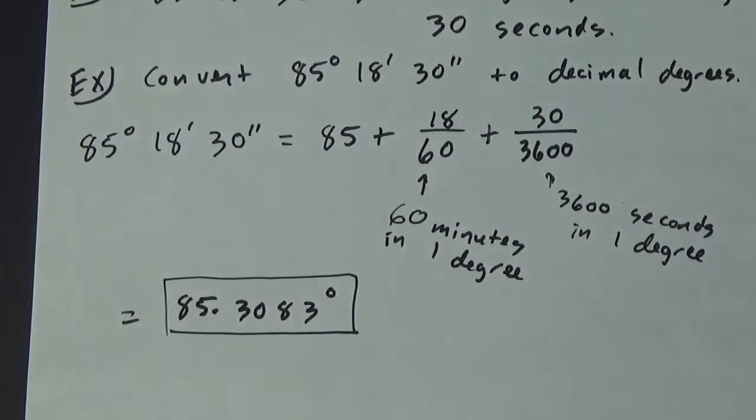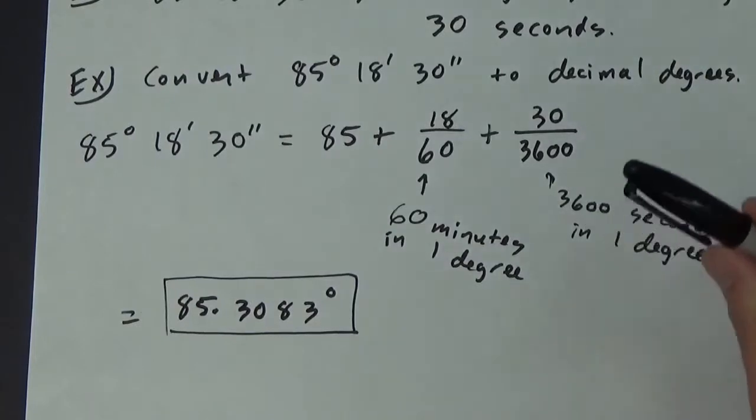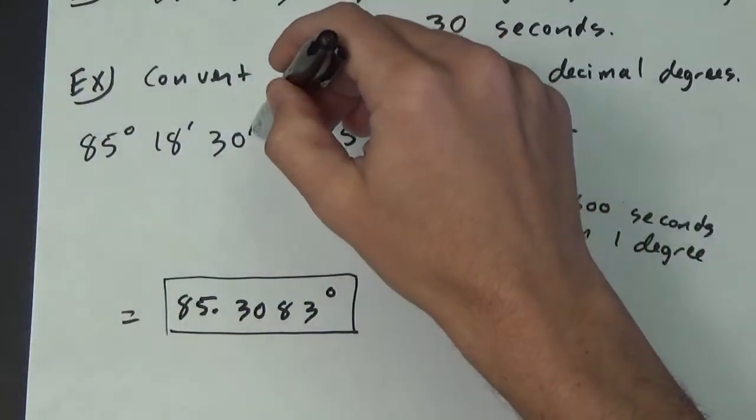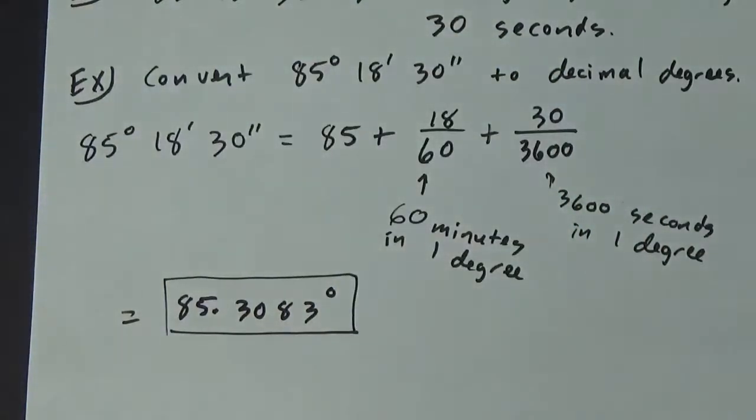Good. All right, so the way this works is you're doing, say, a navigation problem with a plane flying somewhere, and you're given the direction it's going, which would be 85 degrees, 18 minutes, 30 seconds, and you have to do something with it. So the first thing you do is convert it to decimal degrees, and then you do all the work.